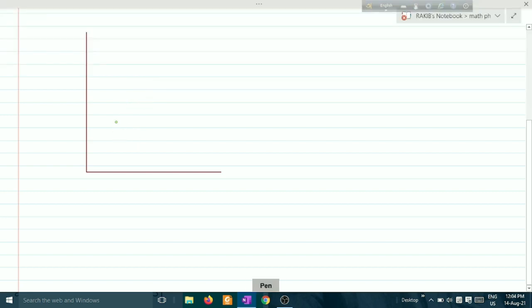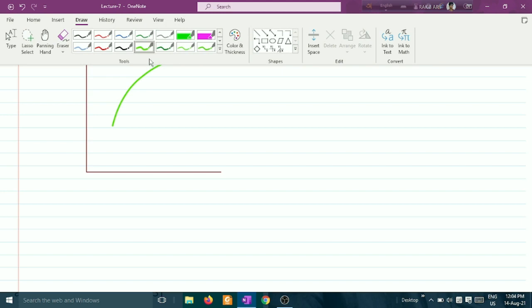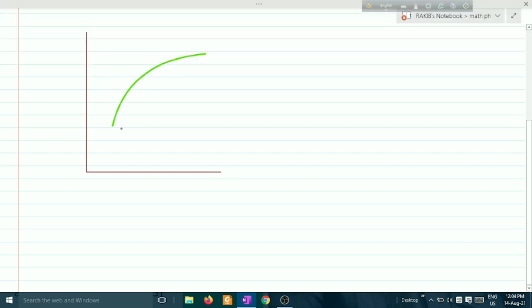You have to perform an integration. The integration will be performed within this limit. Say this is the starting point A, and this is the ending point B. You have to perform the integration.